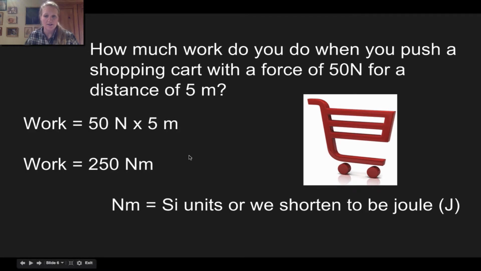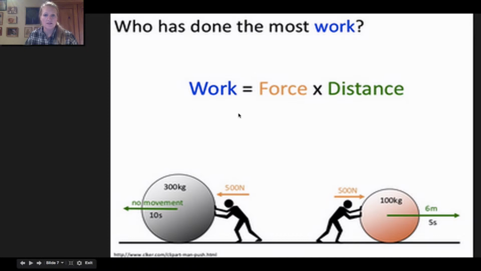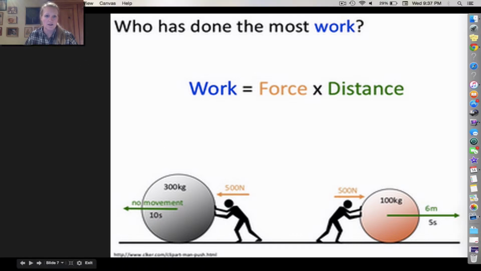Okay, let's look at another example. Who has done the most work, this person or this person? They are both pushing with a force of 500 newtons. So they're both pushing with the same force. However, you can see that this person is showing no signs of movement. It's a much heavier object that they are pushing versus this person.